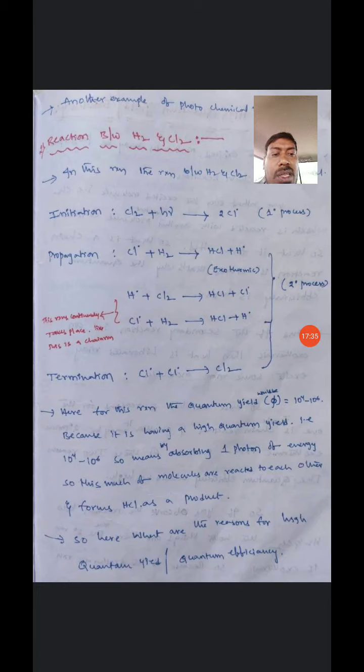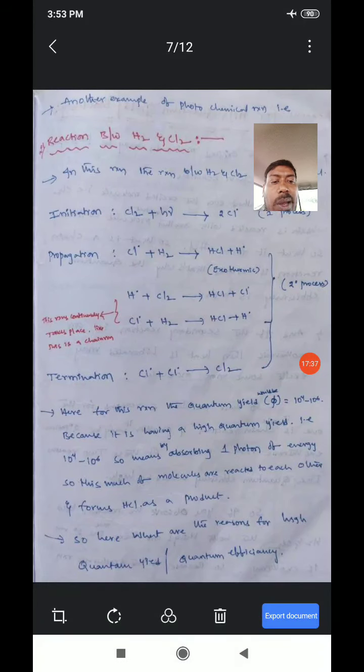In the propagation step, a chlorine radical reacts with hydrogen and forms HCl plus a hydrogen radical. Here an exothermic product is formed.